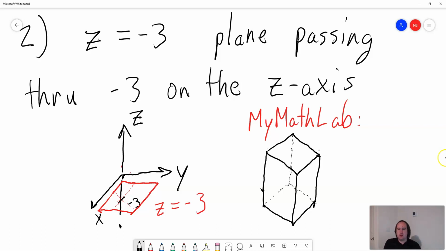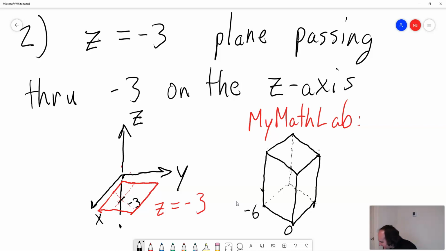And anyway, what we're doing here is because z equals -3, for whatever reason, they go all the way from 0 to -6. I'm not sure why they do it that way, actually. But they start at 0 right here, and then this is -6.